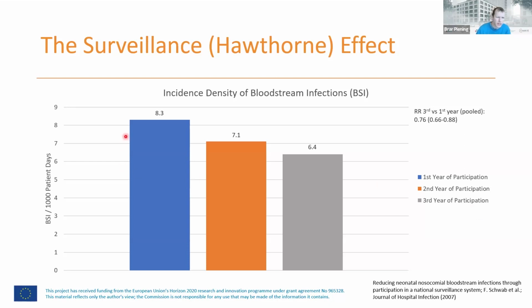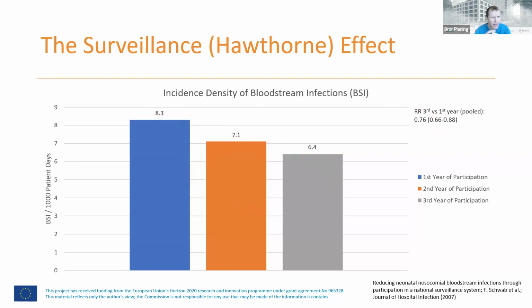So this is the first year, the second year, and the third year of the population of NICUs that were participating in the NeoKISS system. This was published in 2007. And as you see, we have a significant decrease of the incidence density over the first 3 years of participation.